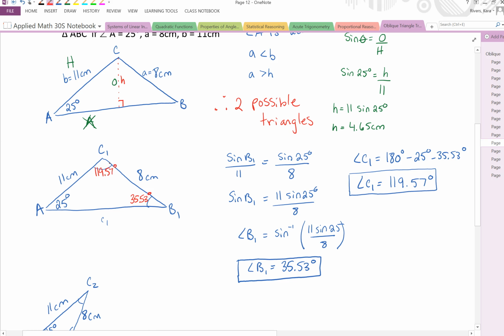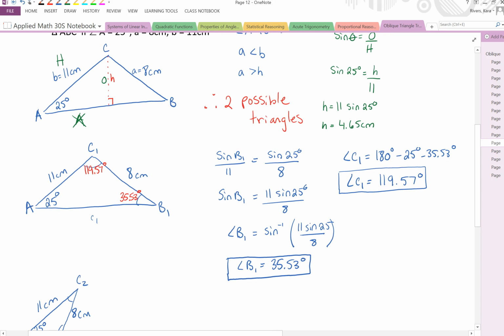The only thing left to solve for this triangle is side C1. You've got options here. I'm going to use the sine law again. I'm going to use 8 and 25 because those are the angle and side that were given, and then I'm going to use the calculated 119.57.